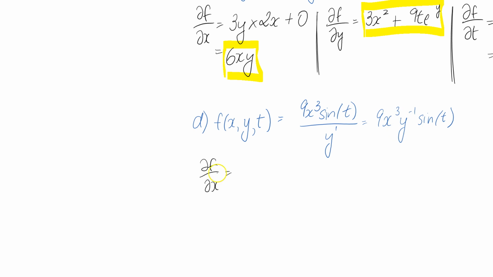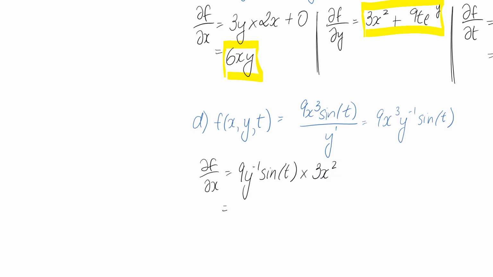All right, so taking the derivative with respect to x, that means that y and t are being considered constants. So overall, the constant that we could write out the front would be the 9, the y inverse, and the sine t. And then we need to multiply by the derivative of the x cubed with respect to x. So applying our power rule, that would be 3x squared.